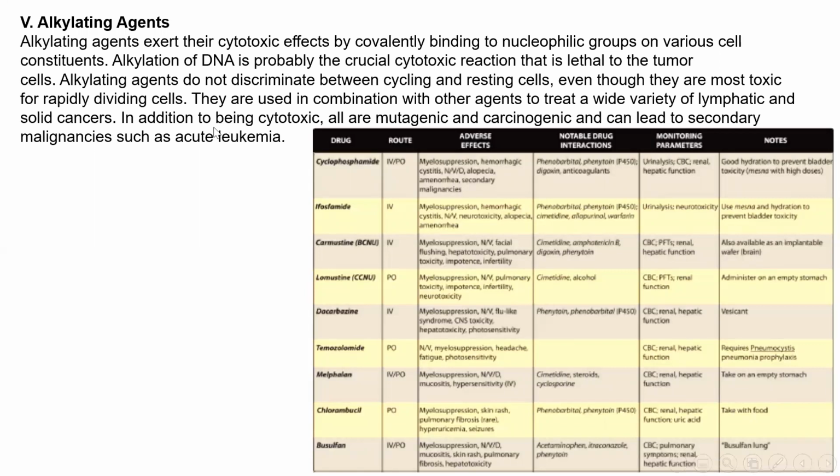Then after the antibiotics, we have the alkylating agents. In this class, the cytotoxic effects are mainly related to binding to nucleophilic groups in various cell constituents, such as DNA, RNA, or other nucleophilic groups inside the cells.